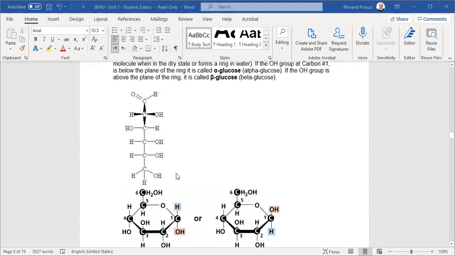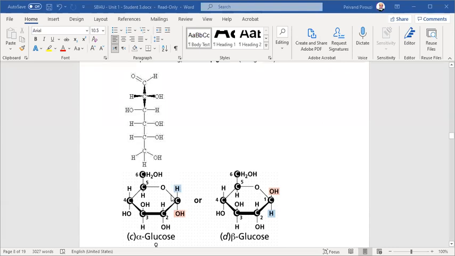So here we are talking about glucose, and what you can see is that glucose is in a circular form. You have a carbon, the last one on the top, that you can see in the cyclic structure of glucose shown at the bottom of this page, where you have carbon, hydrogen marked in blue, and hydroxyl marked in orange.